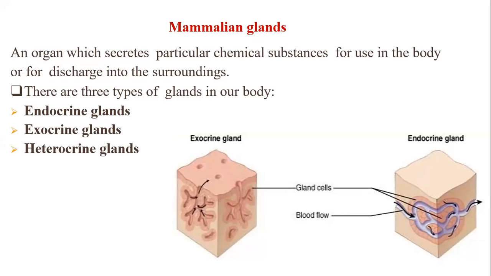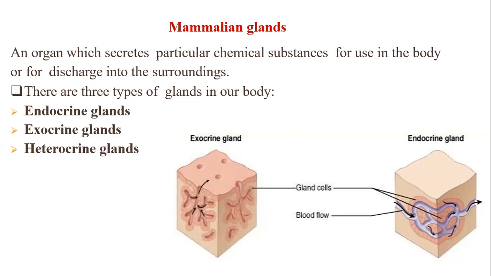So the glands are the organs which secrete a particular chemical substance which is for use of the body or for discharge into the surrounding. Any organ which secretes a chemical substance for the functions and various activities of the body, or for discharge to outside, is called a gland.